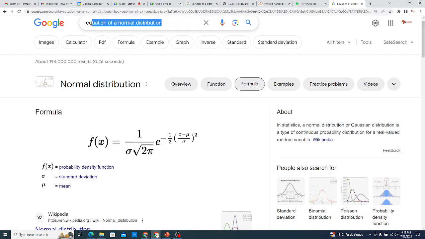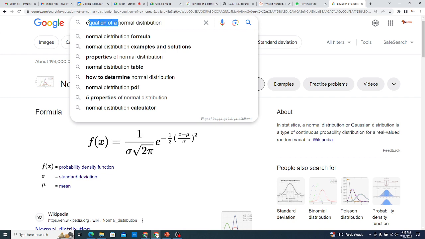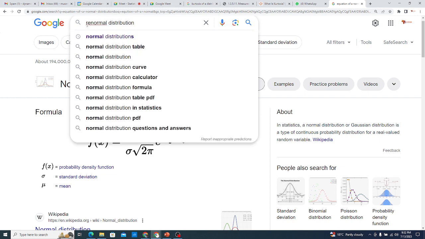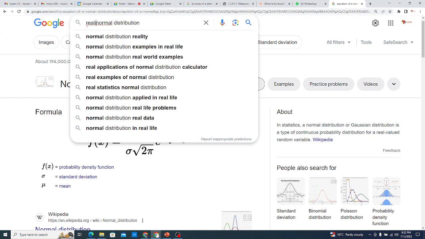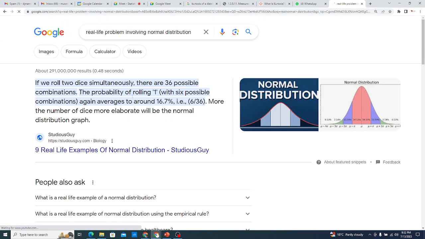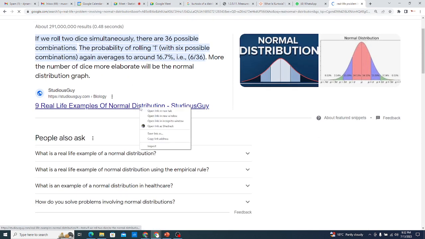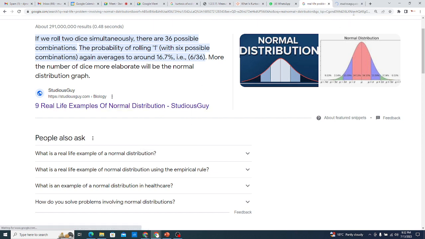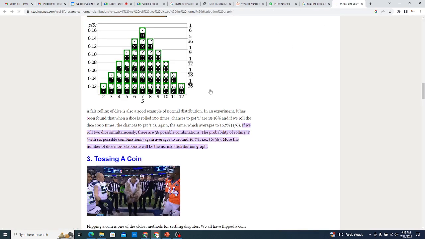Okay, what about real life applications? Maybe you can go and see more.